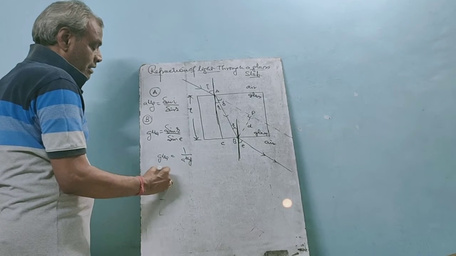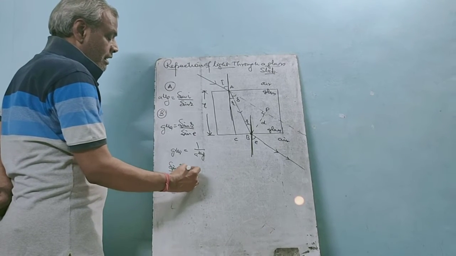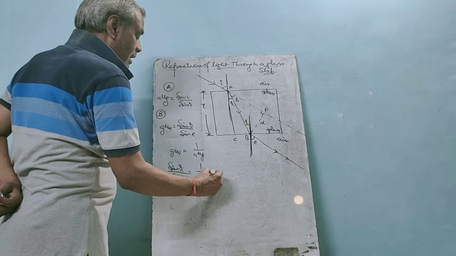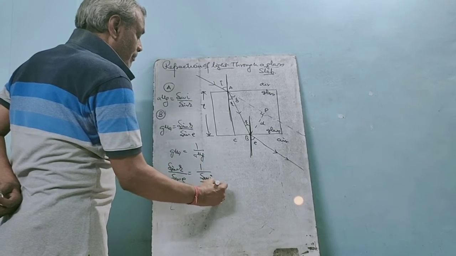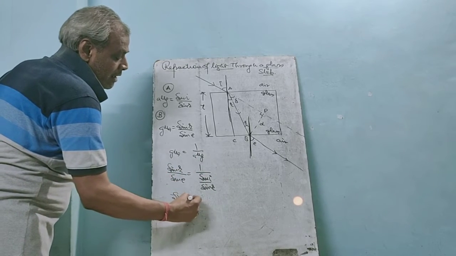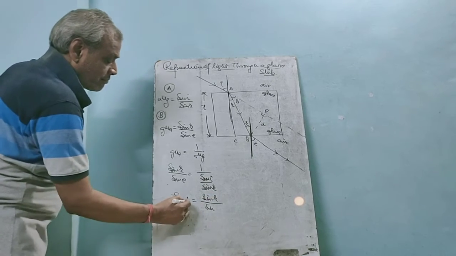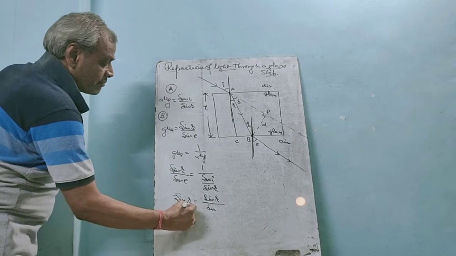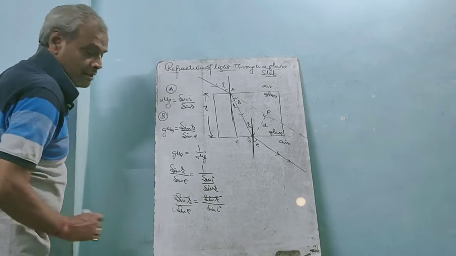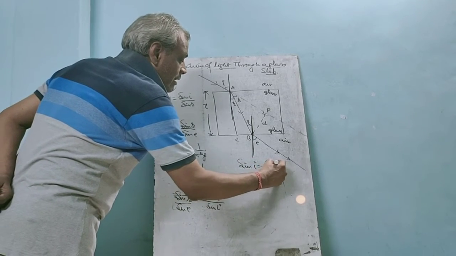So sin r upon sin e equals 1 upon sin i upon sin r, which implies that sin r will move up. So sin i equals sin e.